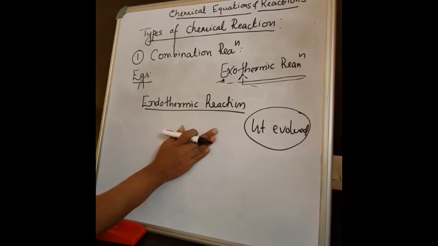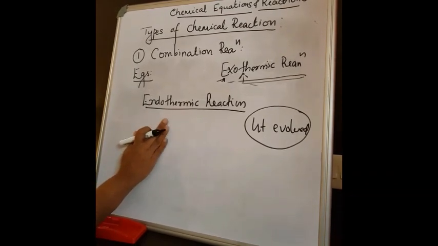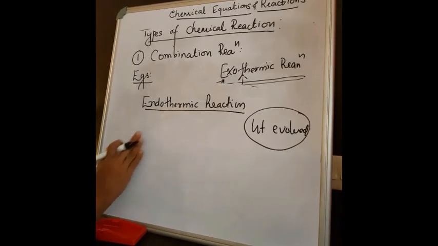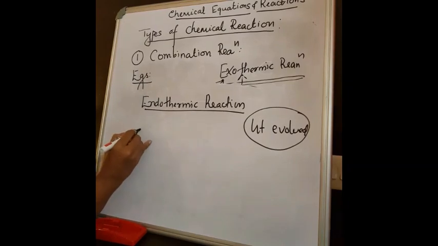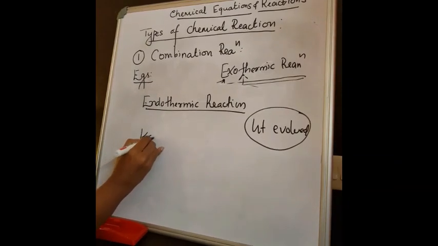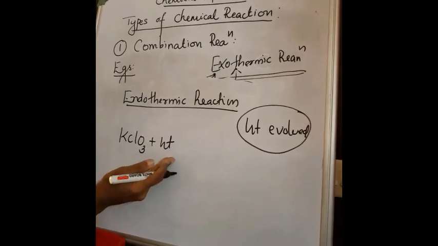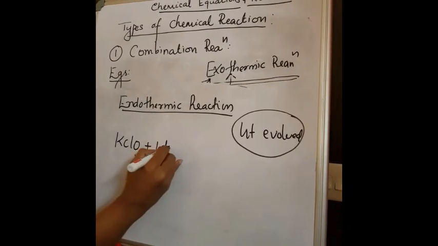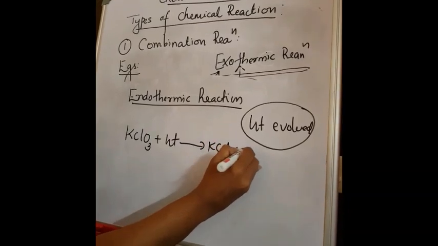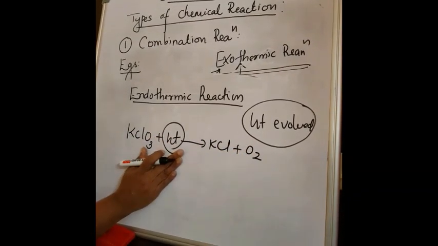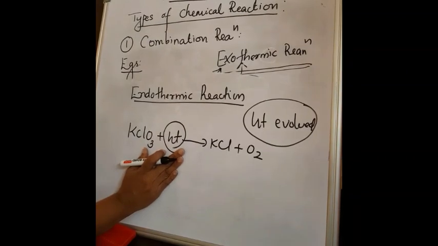If the heat is absorbed during a chemical reaction, you call that reaction an endothermic reaction. For example, in the decomposition, I already told you, the potassium chlorate needs heat for decomposition. So the heat is absorbed by this reactant to form what? The product KCl plus O2. So this type of reaction is called an endothermic reaction. So you got this?